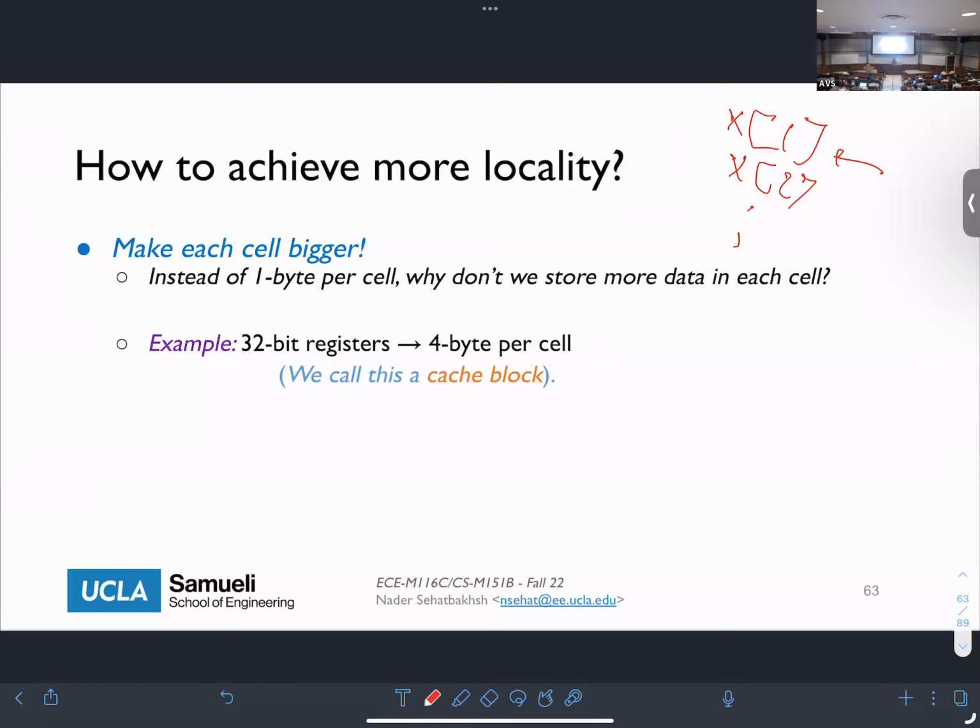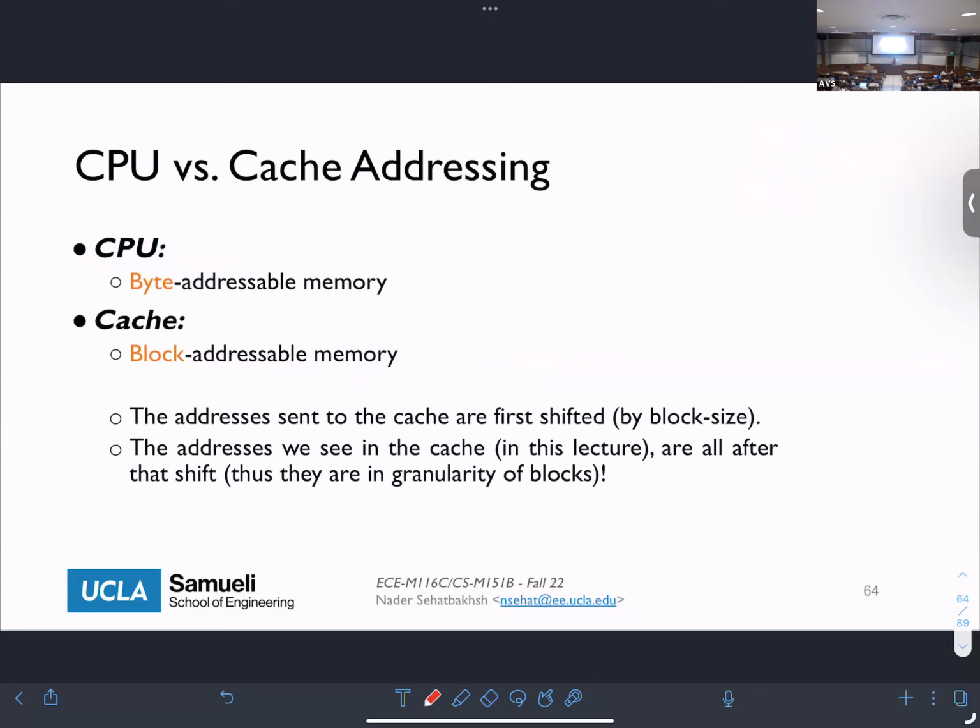Okay. So when you say cache block, it means that combination of multiple bytes, and usually we are talking about 64 bytes for the cache block. Okay. So again, going back to this confusing terminology, for CPU things, we're assuming that things are byte addressable, right?